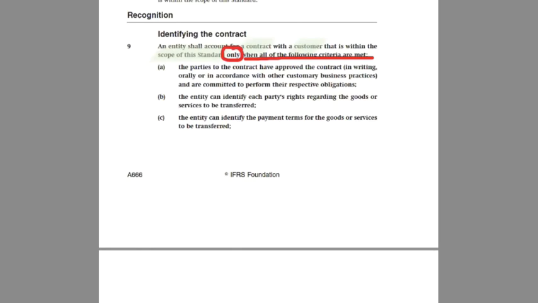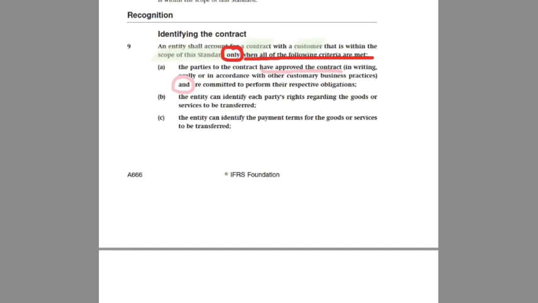Right, so what are these criteria that we need to comply with? Well, the first one says the parties to the contract have approved the contract, and that approval can either be in writing or orally or in accordance with any other customary business practices. And then there's an and, so there's a second part that you need to answer.